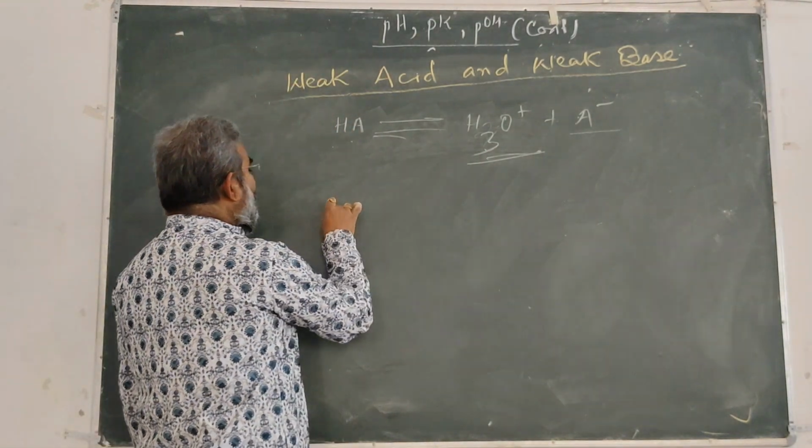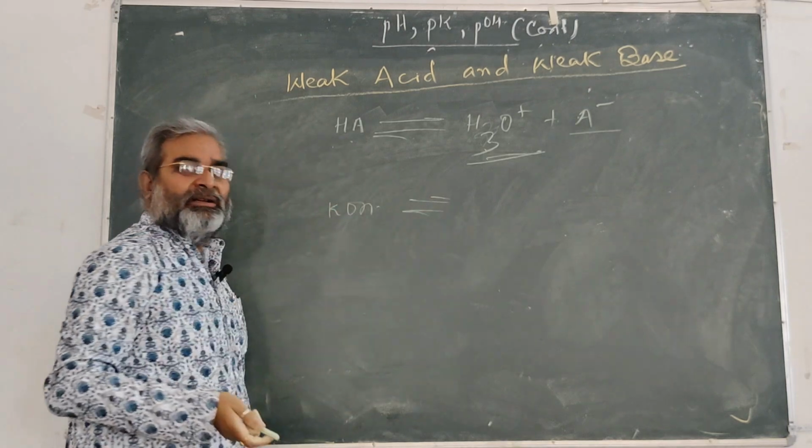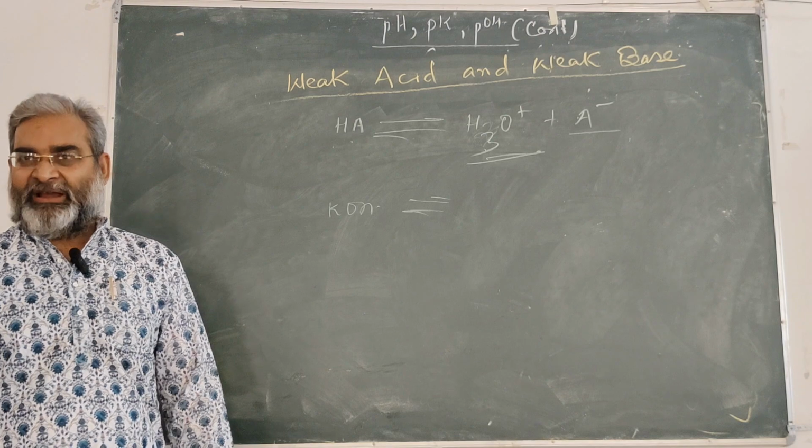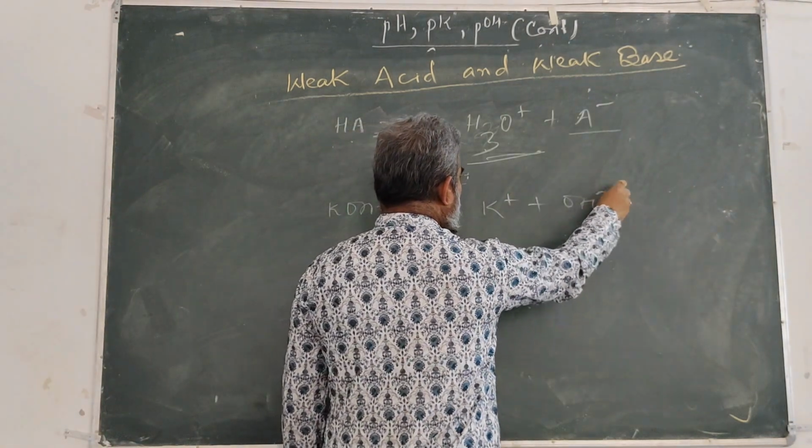And if, for example, here you use KOH, that is an inorganic base, it is K plus and OH minus.